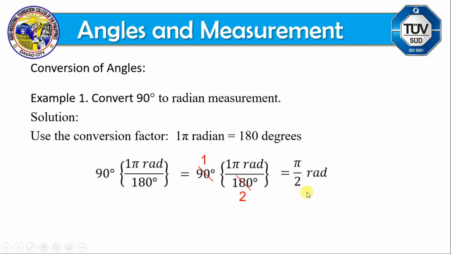This will be our answer: pi over 2 radians is equal to 90 degrees. To check, earlier we said that 180 degrees is equal to 1 pi. So if we substitute 180 degrees for pi, 180 degrees divided by 2 is automatically equal to 90 degrees. So the pi over 2 we solved is correct.